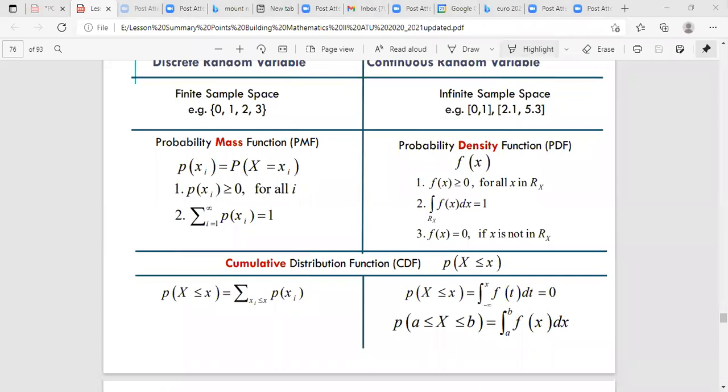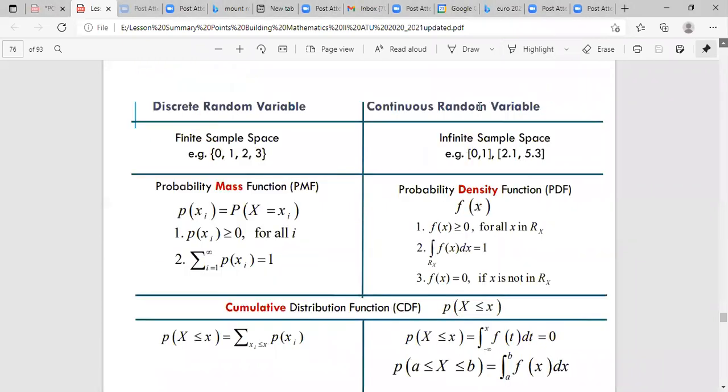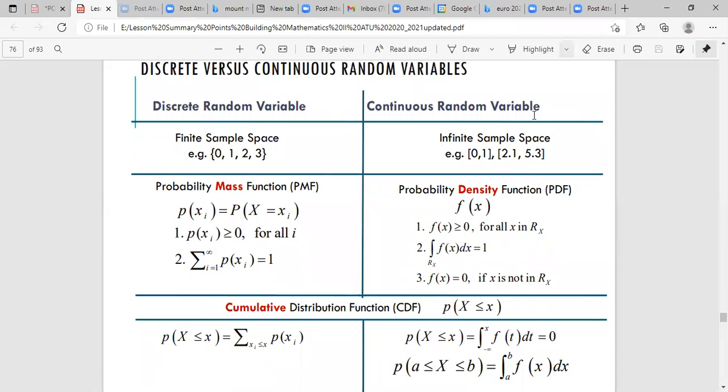If you look at the table we have here, it makes it quite simple to compare. The first thing to take note of is that in a discrete random variable, you are always given the values of X as maybe 0, 1, 2, 3, 4. Okay, it means it's a discrete random variable.